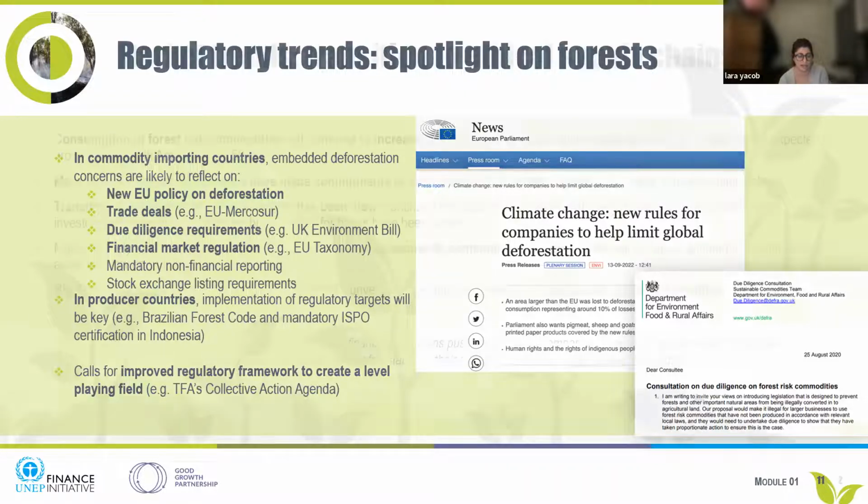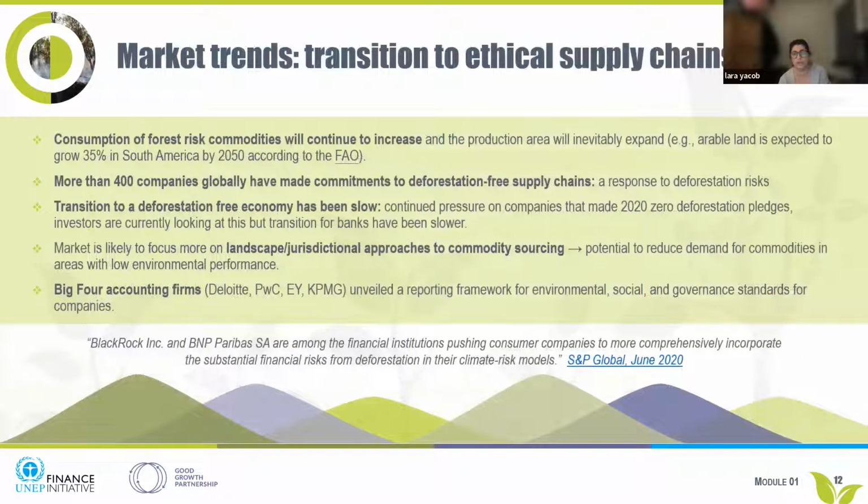Next slide, please. Another important trend that we see are market trends to ethical supply chains or sustainable supply chains.